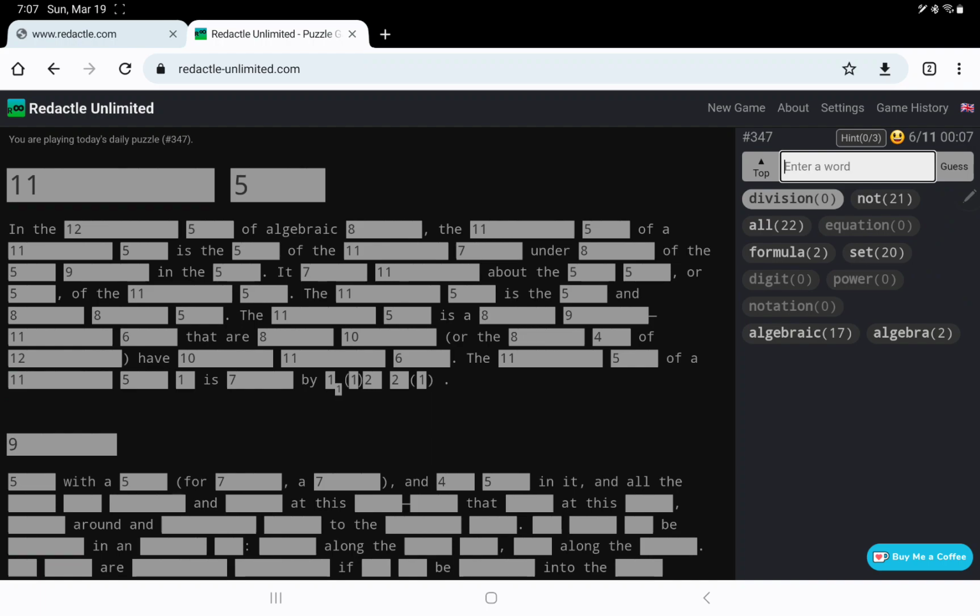No. Under, no, in the, wow, all these 5-letter words. What are some mathematical 5-letter words? And it wasn't power or digit.